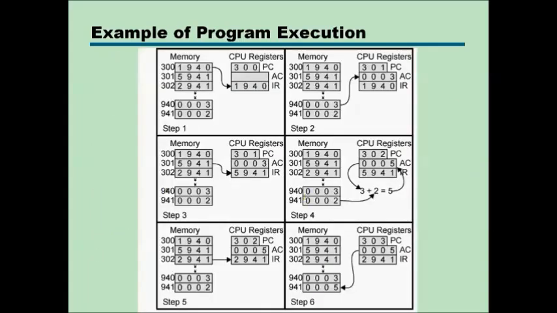So this is a sample of a program execution. For example, from step 1, we have this memory, and this will be passed into a CPU register, which is this one. Next is step 2.